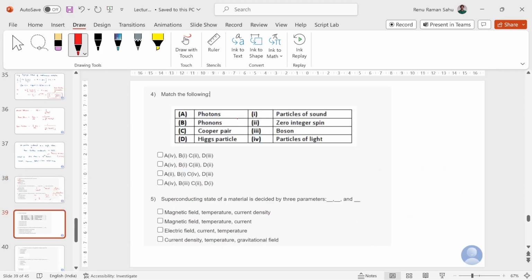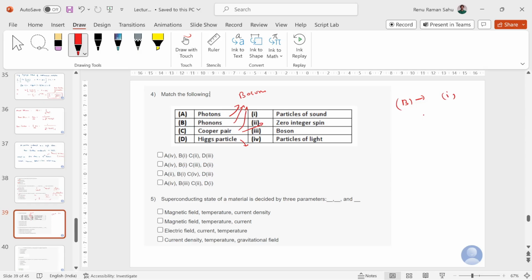Match the following. Photons are bosons. Phonons are also bosons. Cooper pair is also a boson, and we know that it has zero or integer spin. Higgs particle is also a boson. All of them are bosons. Phonons are the particles of sound. That is true.